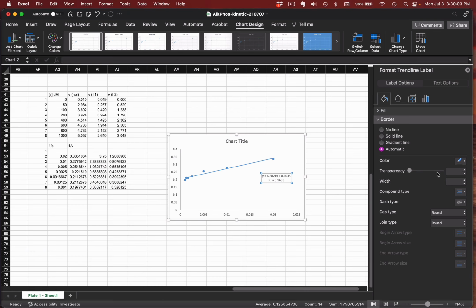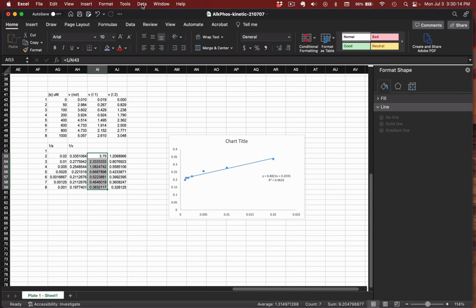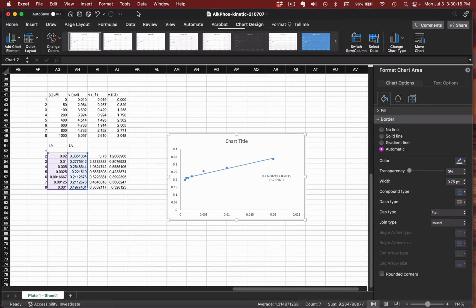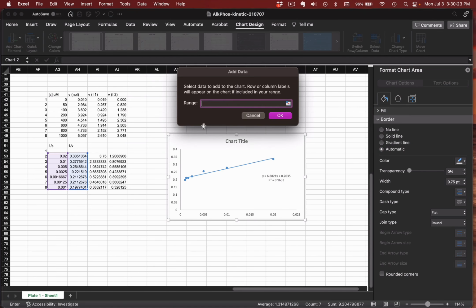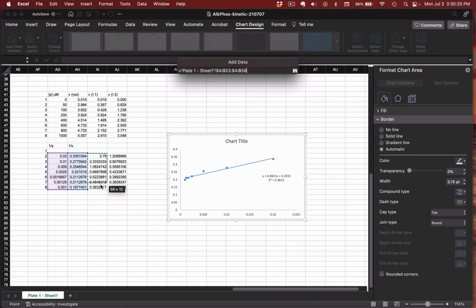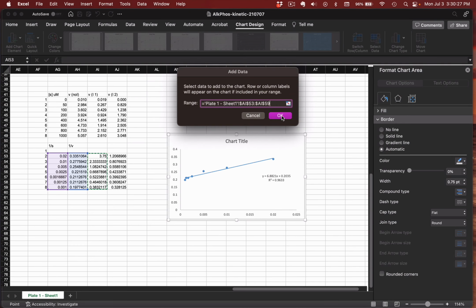Now the next thing we want to do is add data to this. We're going to select the data that we're going to add, and actually the easiest way to do this is chart, add data, and the range that we're going to add is this right there, and we'll hit OK. Now there's our second set.